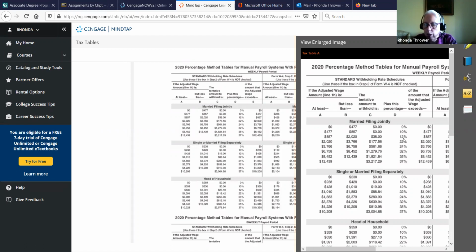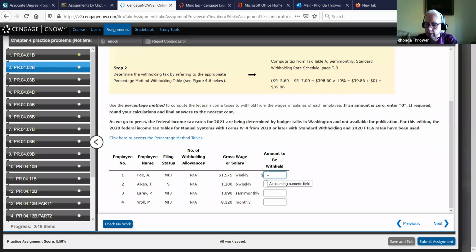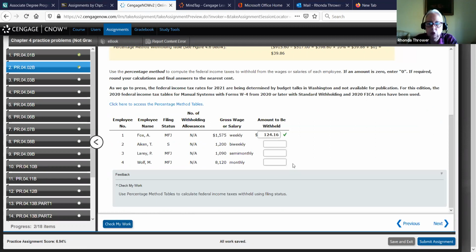When we do that, that will give us $86.16. Then we add the $86.16 to the $38 that they had already figured up for us, and that gives us total taxes of $124.16. And I would check my work just to make sure you got the right amount there.